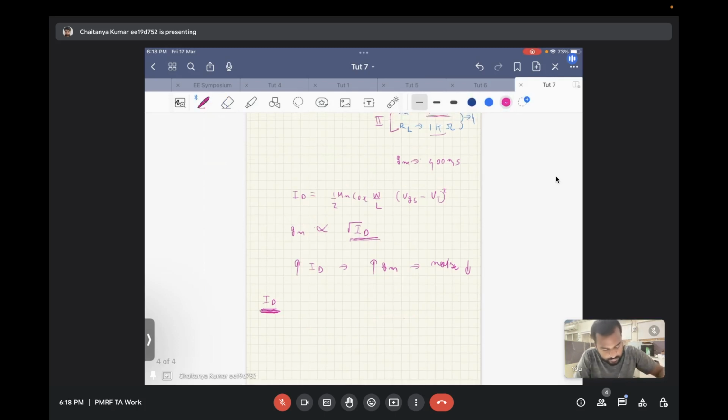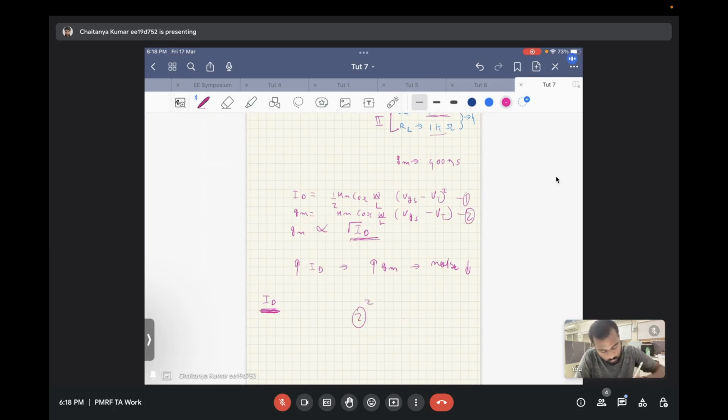So ID is half mu n Cox W by L, VGS minus VT whole square, and GM is mu n Cox W by L into VGS minus VT. So this is equation 1, this is equation 2.